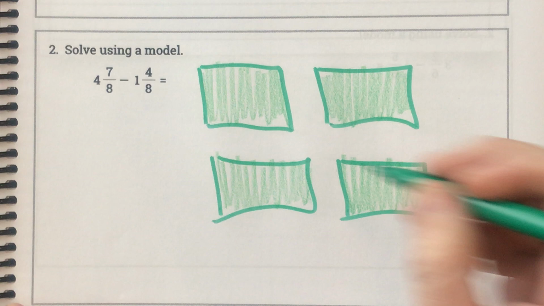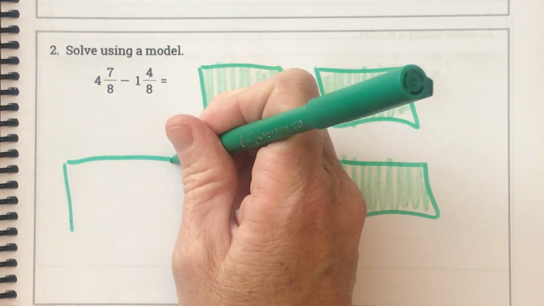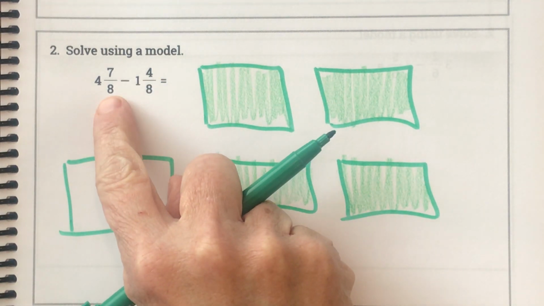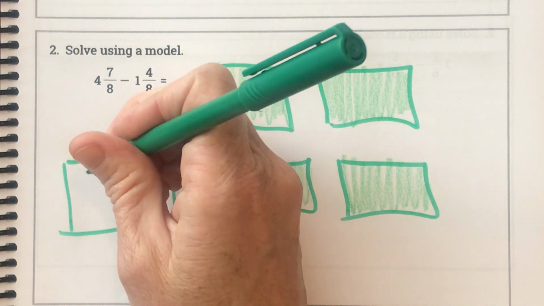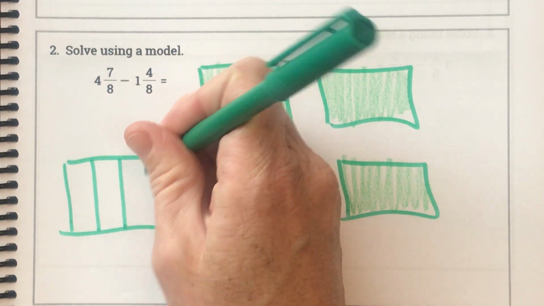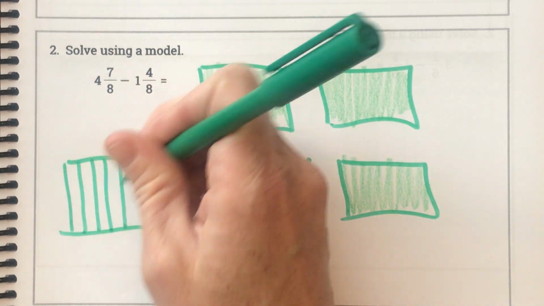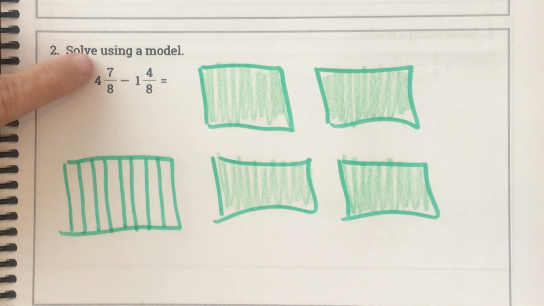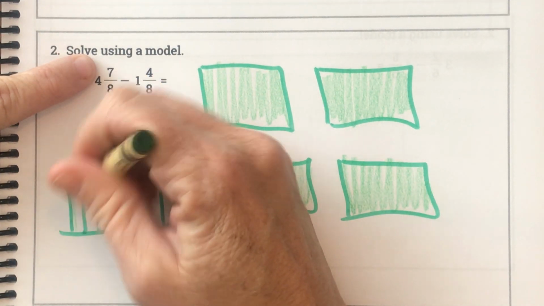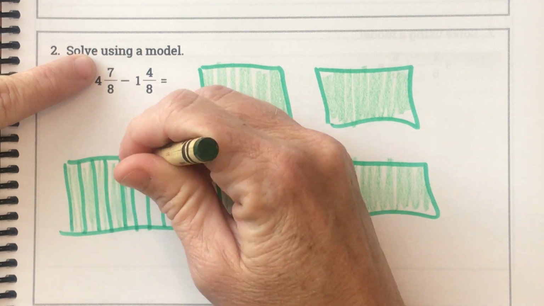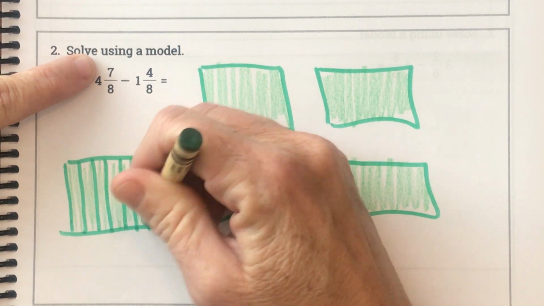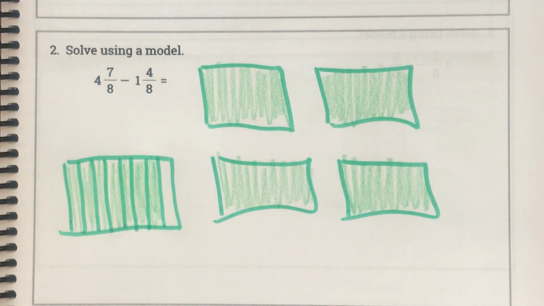We also have 7/8. Okay, so the 8 denominator tells us to partition it into 8 pieces. And the 7 numerator tells me I have 7 of them. Okay, so there's my minuend.